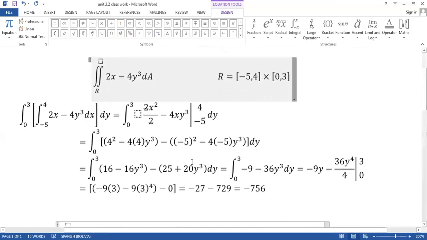So your y is your outside function. In this one, x was the inside function.